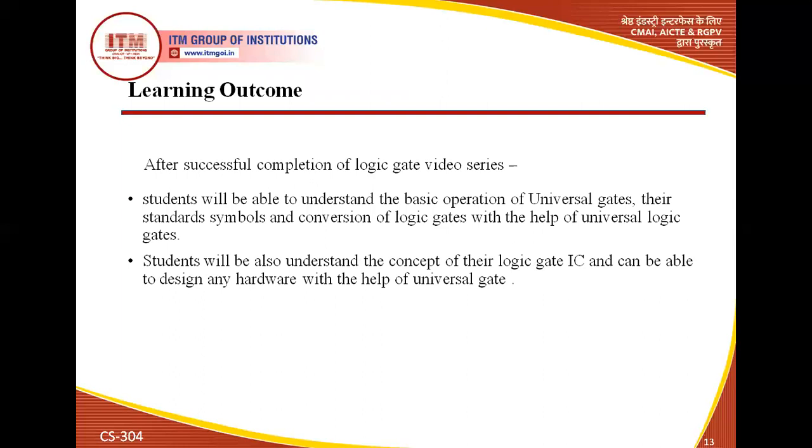Students will also understand the concept of logic gate ICs, and be able to design any hardware with the help of universal gates. Here I'm talking about combinational circuit hardware. And I already told that students can design combinational circuits using universal gates. So these are the outcomes.